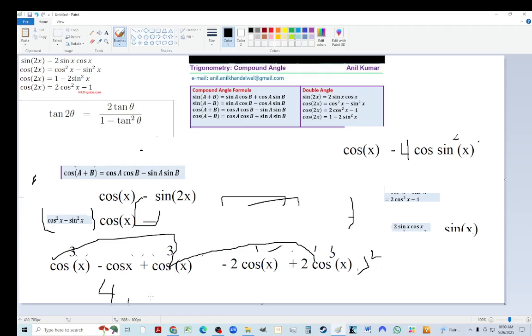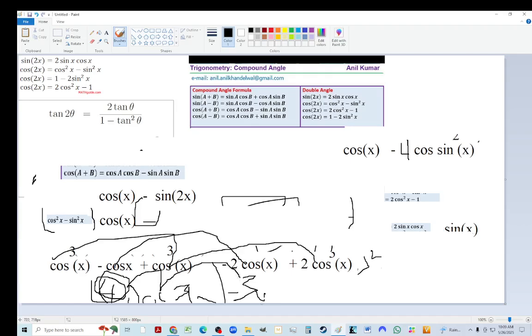And I'm going to check the math on that because I think it should be 3 cos cubed x, and then minus cos x minus 2 cos x minus 3 cos x. I think I made a math mistake there, and it should be 3 cos cubed x minus 3 cos x.